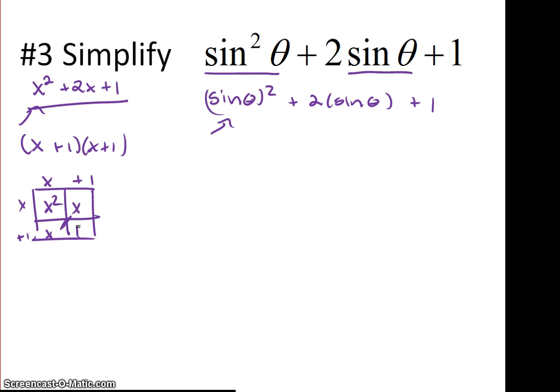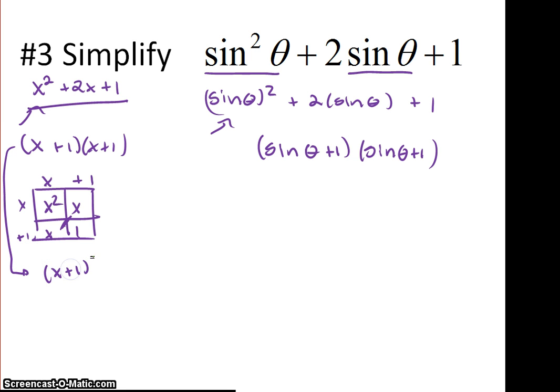So similarly, instead of an x, in our problem we have sine of theta, so this factors as sine of theta plus 1 times sine of theta plus 1. And over on the algebra side, x plus 1 times x plus 1 is the same thing as x plus 1 quantity squared. So we can write this as sine of theta plus 1 quantity squared. And we are done.